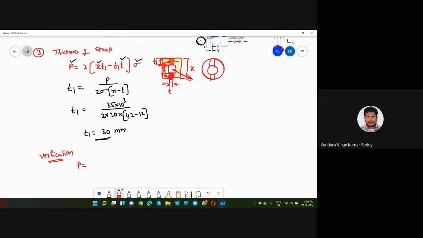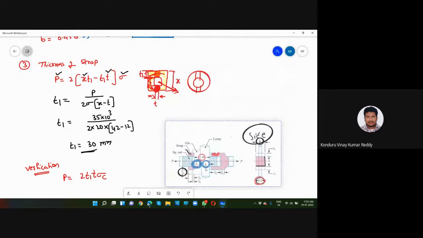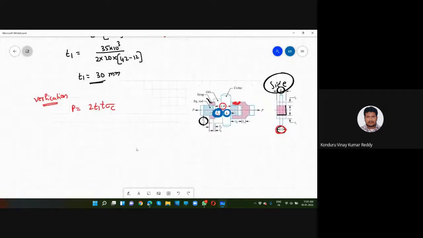As it is two sides, it is 2 into T1 into T. As we are considering the crushing part, it will be sigma C. Let me drag this figure over here so that it will be available for us at any time. Now, just substitute the values. We have the P value, the T1 value, the T value, and even the sigma C value.